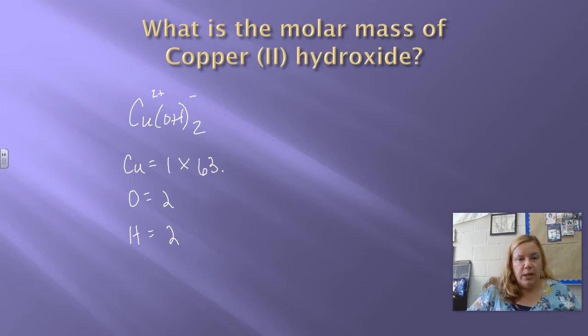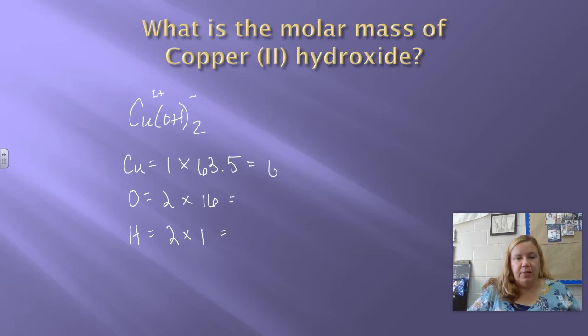So I'm going to take 1 times 63.5. The molar mass for oxygen is 15.99, so it's fine to put 16. And the molar mass for hydrogen is about 1.011, so you can just put 1.